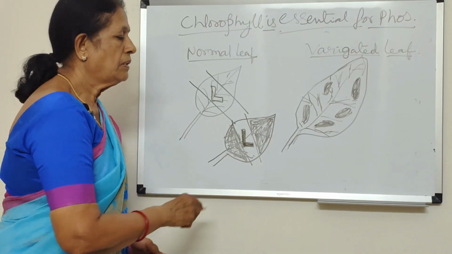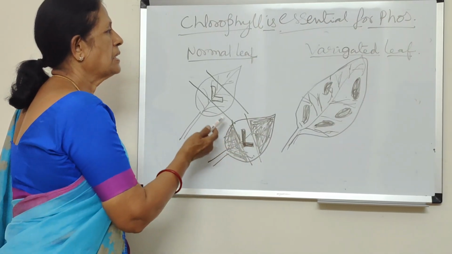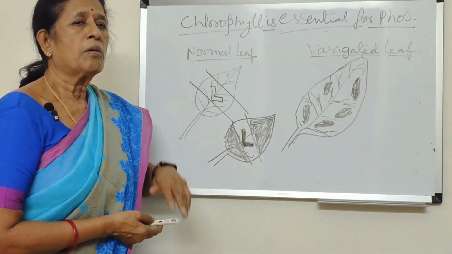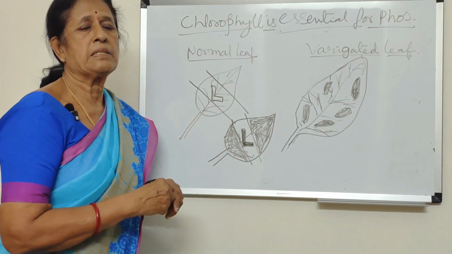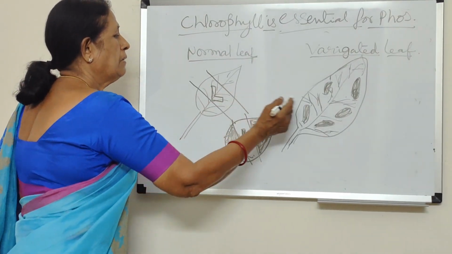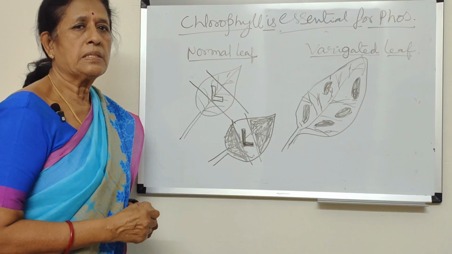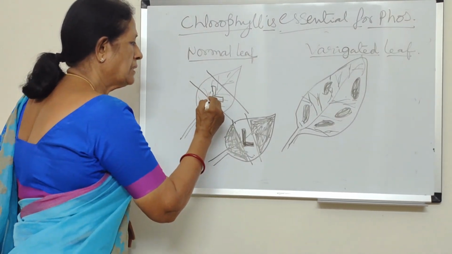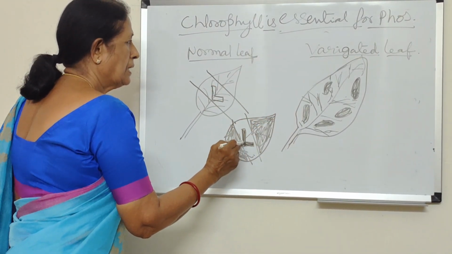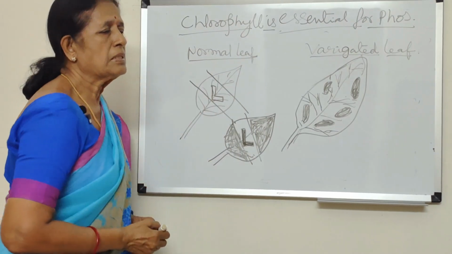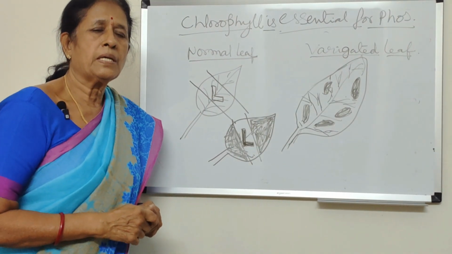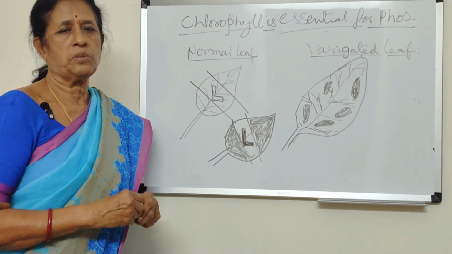So this is also a way to show that sunlight is essential for photosynthesis, and here we can say chlorophyll is essential, sunlight is essential, and also carbon dioxide is essential for photosynthesis.